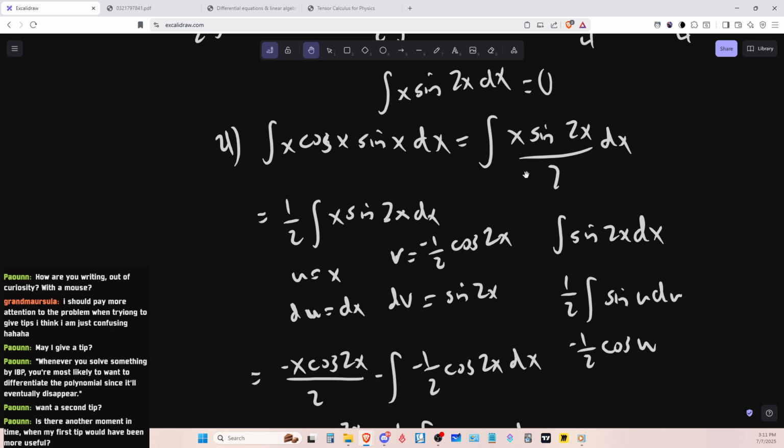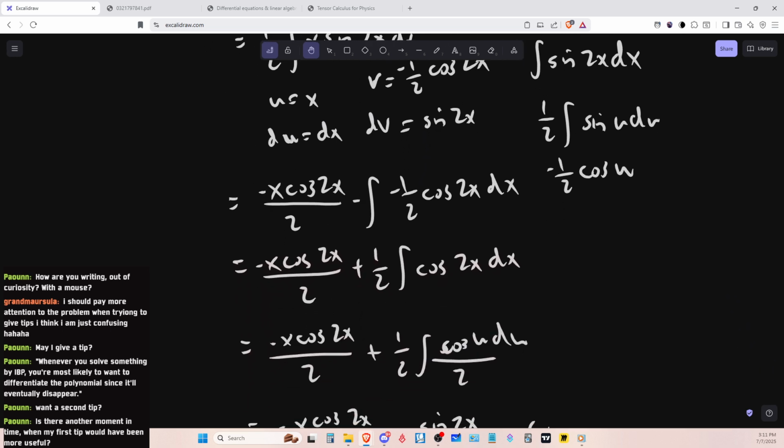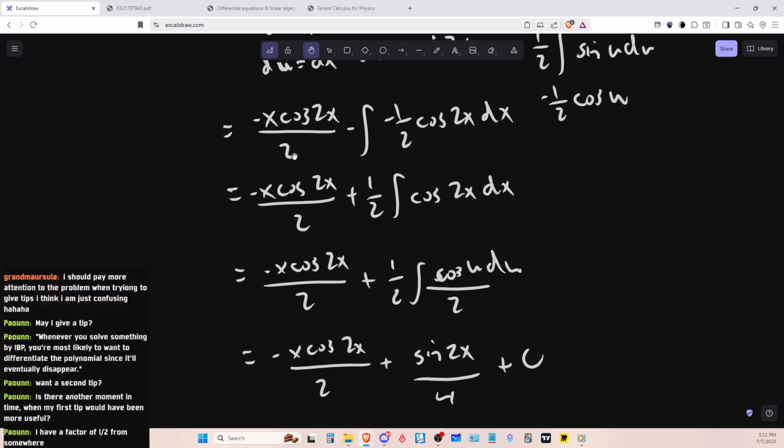Check it over. Okay. Yeah, it's negative cosine here. Did the u substitution, that gives 2, and then yeah.